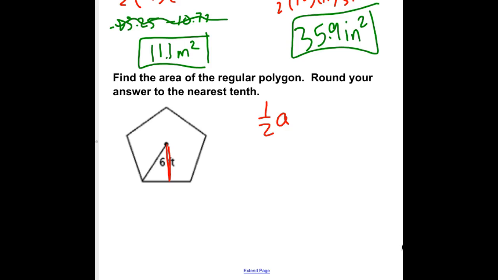That's our formula, 1/2 a s n, where we need a, we need s, and we need n. If you look at this shape, it's got 1, 2, 3, 4, 5 sides. That tells you n is 5. What the picture does not tell you is the apothem or the side length. So those are two things we need to find. I like to call the apothem a, and this side length, not the whole thing, but half of it, x.